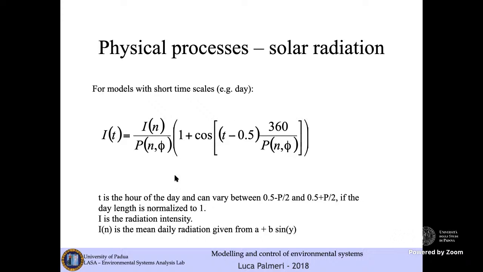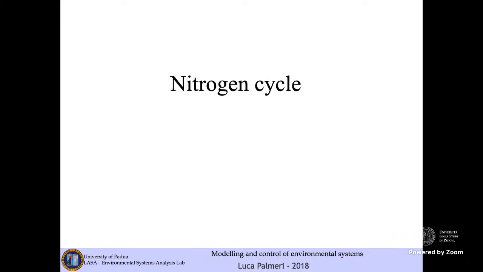T is the hour of a day and can vary between 0.5 minus the half of a photoperiod and 0.5 plus the half of a photoperiod. So it's the day length normalized to 1. E is the radiation intensity, E_n is the mean daily radiation given by the equation that we have seen before. Okay.